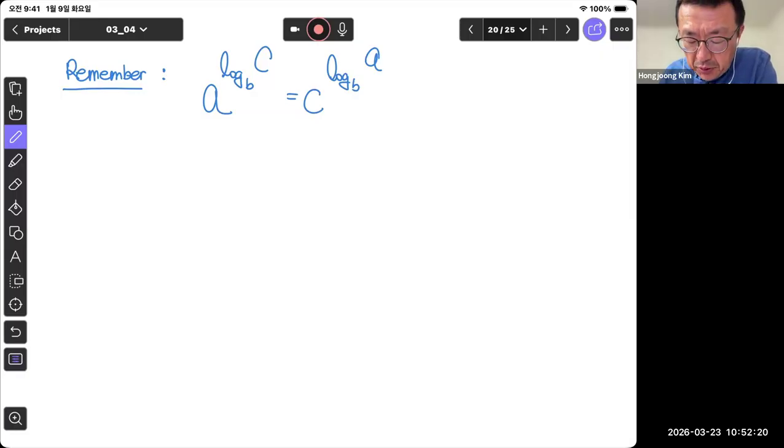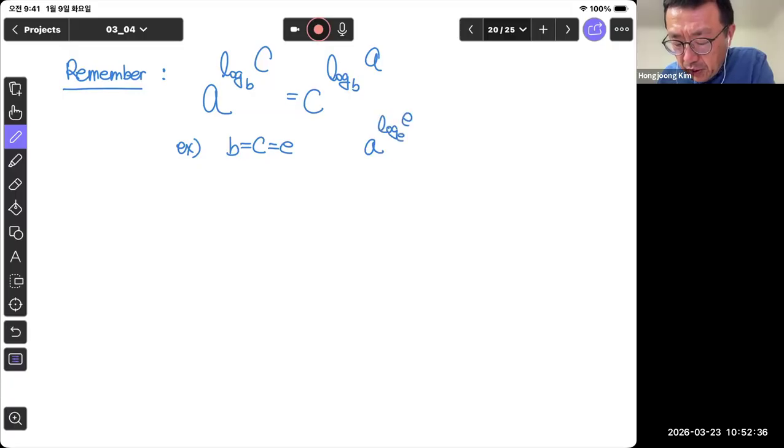So as a special case, when b and c are both e, then I have a to the log_e e over e equals e to the log a with the base e. Log with the base e is just the natural logarithmic function, the ln function.